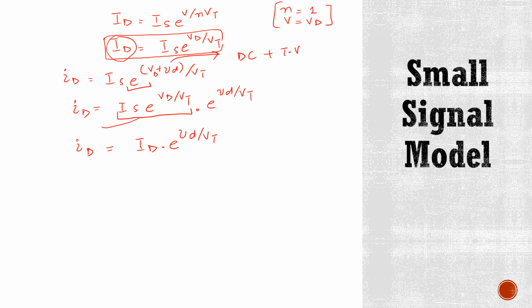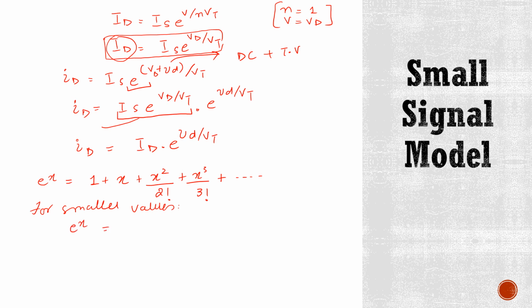Now, from the power series expansion formula, we know that e^x is equal to 1 plus x plus x squared divided by 2 factorial plus x cubed divided by 3 factorial and so on. Now for smaller values, this formula is reduced to e^x is equal to 1 plus x.